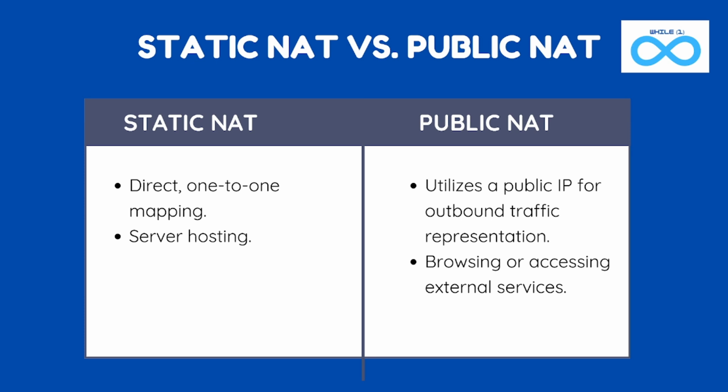Dynamic NAT efficiently uses a pool of public IPs for occasional access. And lastly, PAT allows multiple devices to share a single public IP, making it ideal for home or small business networks. Each type of NAT has specific use cases, and understanding this helps in designing efficient network architectures.